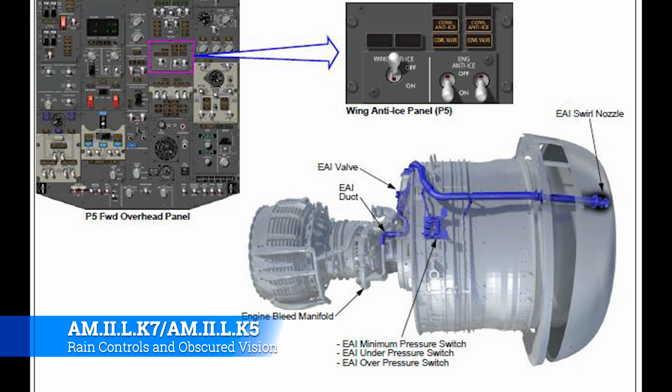Now, what that's going to do is dump a lot of hot air in the front of the cowling, and as that engine air swirls around, it'll raise the temperature of that air and cause the ice that's around the front of the fan cowl to melt. Pretty simple system. It's just blowing hot air effectively. The only time that you'll end up really messing with that is if one of those pressure switches goes out, and then you'll get a warning in the cockpit and you have to go fix it.